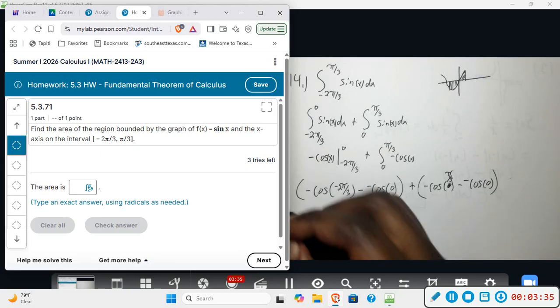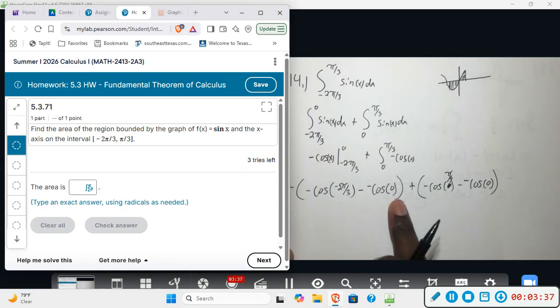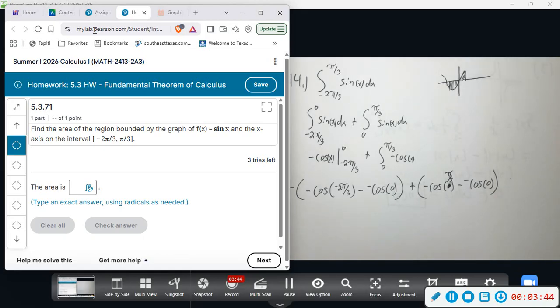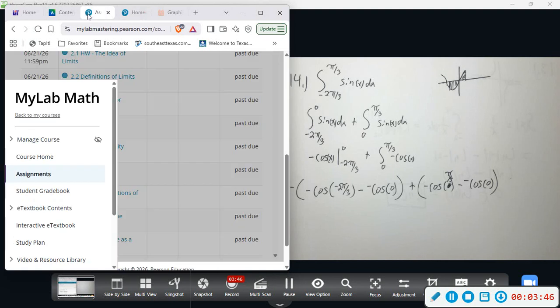And this side we will multiply by negative to make it positive. That'll give us a positive area. All right, so let me talk about the unit circle so you can see where these values are coming from.